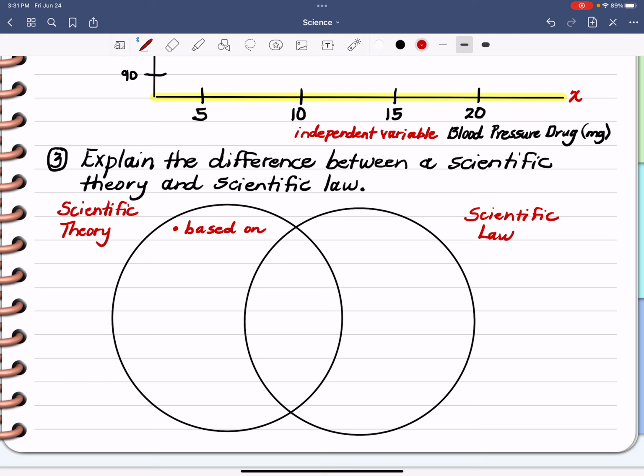It is based on experiments. Okay, scientific theory is an explanation of a scientific event.